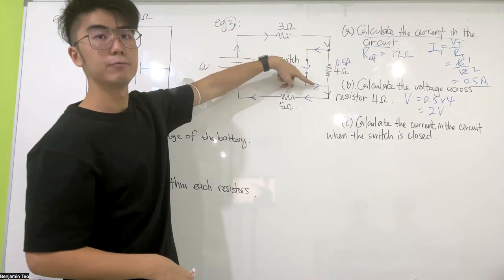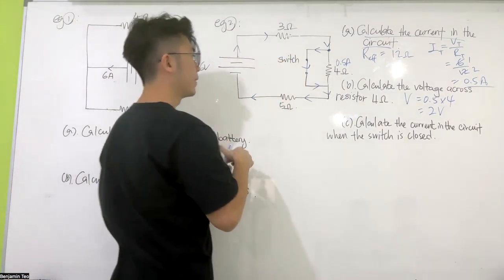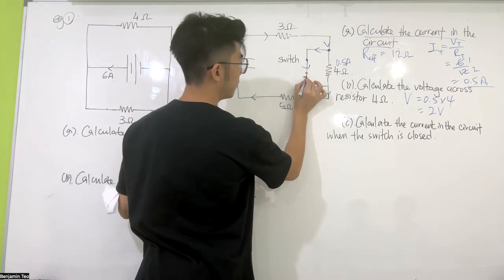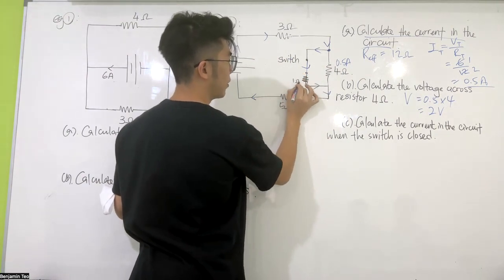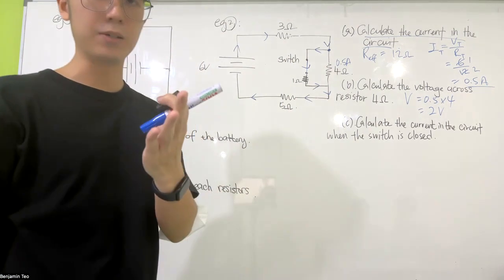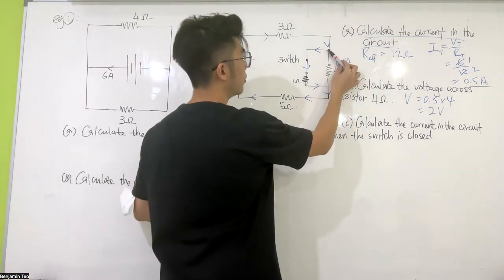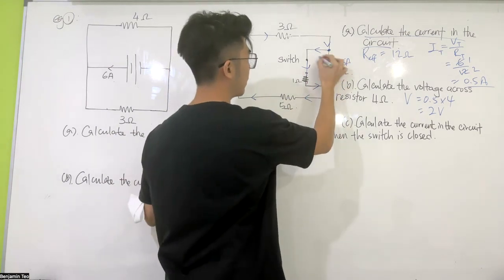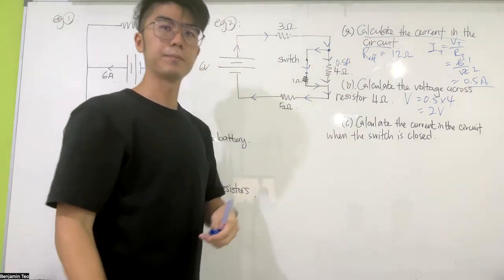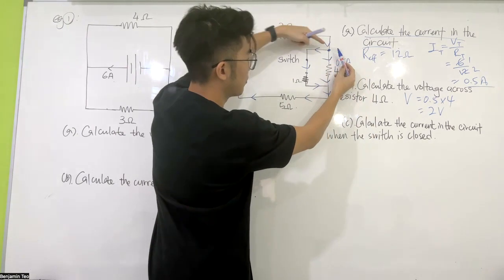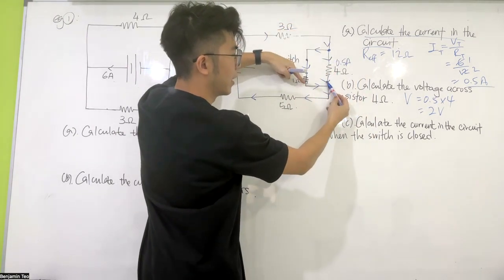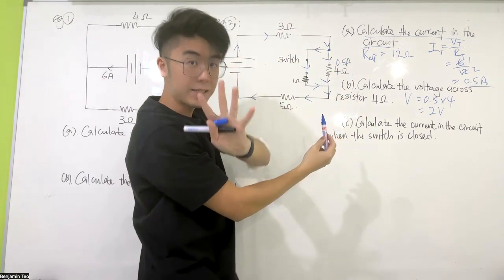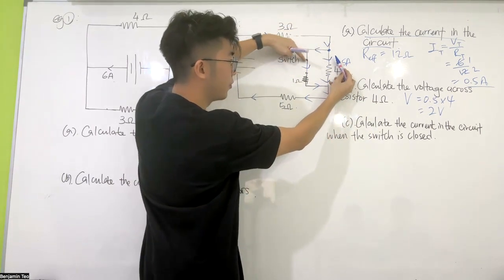I'm saying this: if your path has a resistance, say 1 ohm, the current will not all flow in one way. It will flow in 2 ways. It will flow here and here. Some of the current goes here, some goes here. Now you can guess more of the current will flow here.